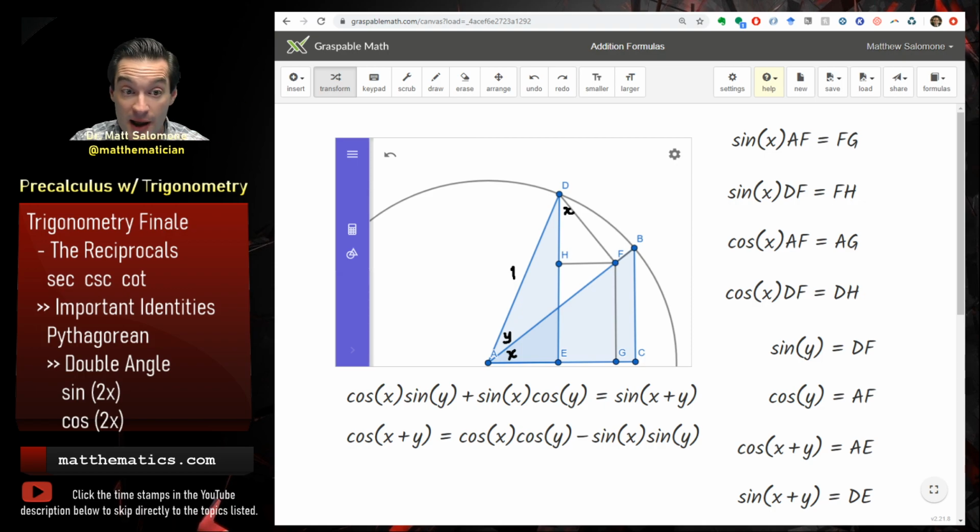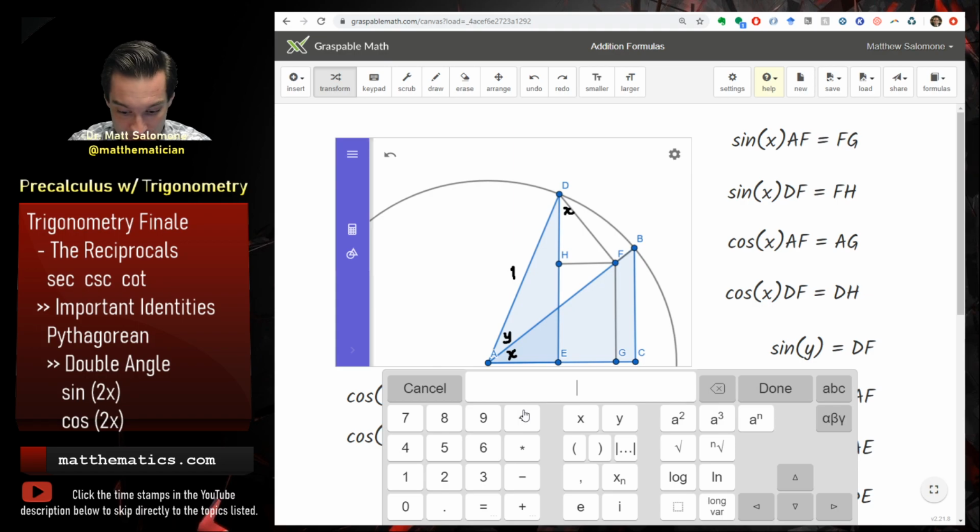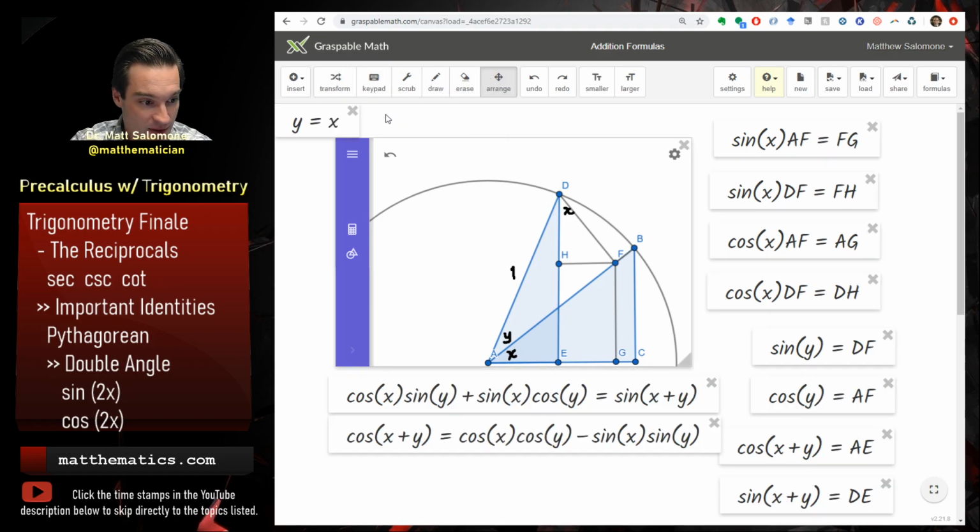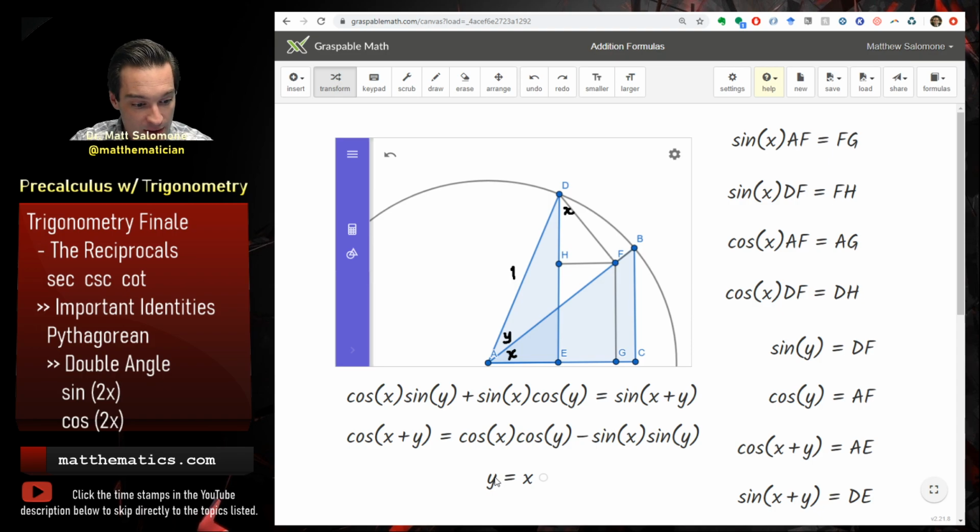Because then x plus y is another name for 2x. So I'm just going to write down here in my palette, x and y, if we take them to be the same, we're going to use that as the magic here. So if x is the same thing as y, then we'll just replace my y's by x's.